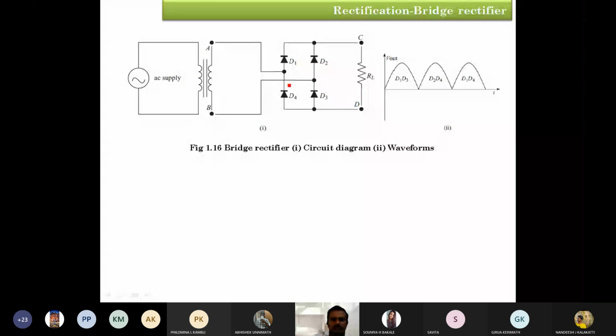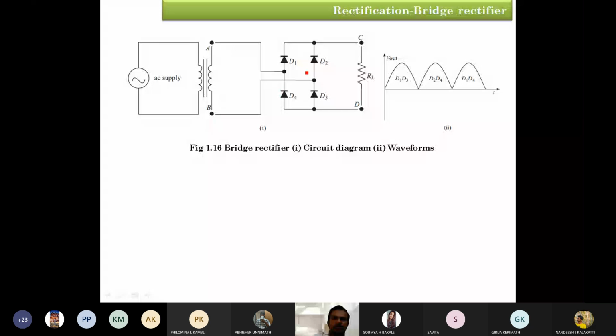Here we are going to use once again the concept of AC supply, then the transformer. Based on the requirement, we may use any transformer: step down, step up, or coupling transformer. And we have two ends for the primary and secondary, A and B. Then the diode circuit of these 4 diodes.